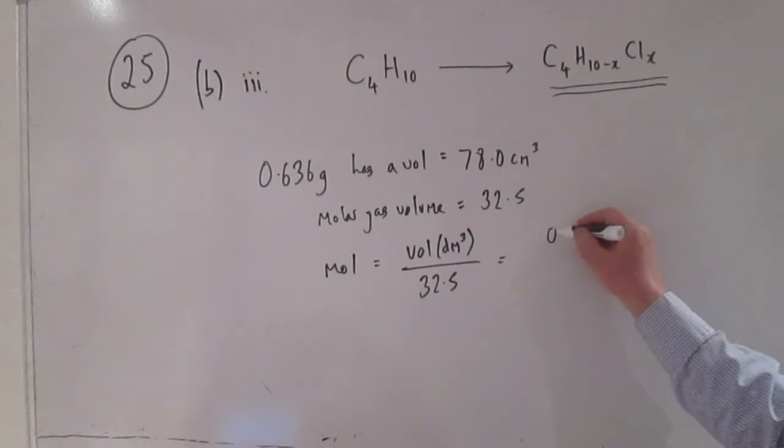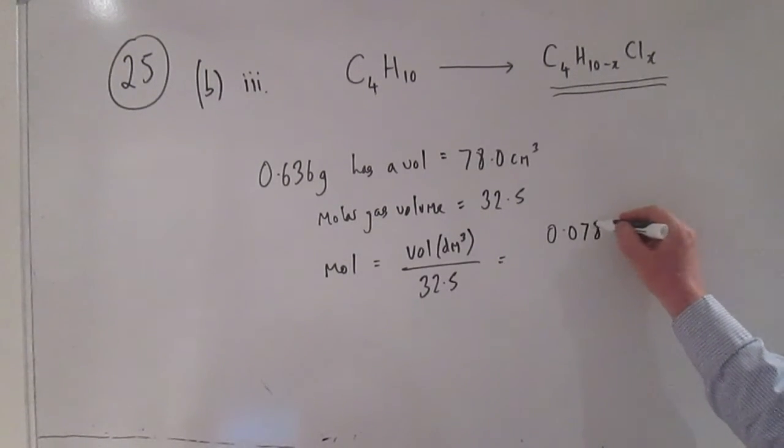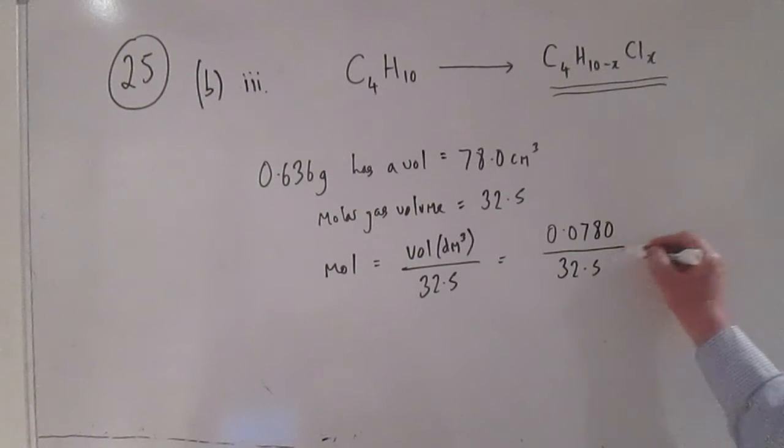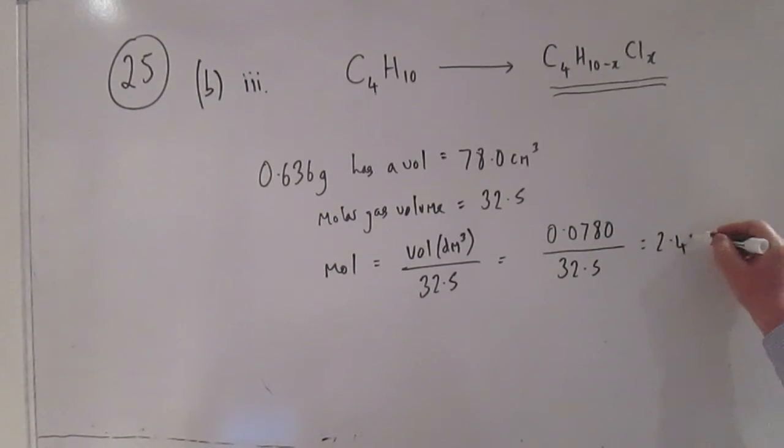So 78 cm cubed is 0.0780 dm cubed divided by 32.5, which is 2.40 times 10 to the minus 3 moles.